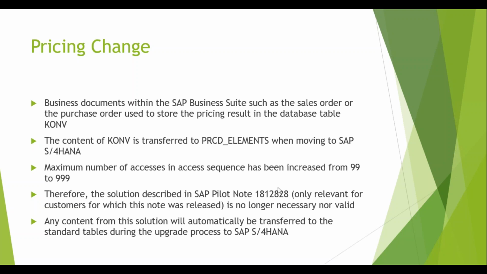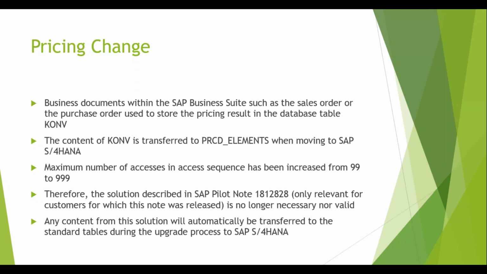After implementing this SAP note, even in ECC you can have more than 99 accesses, up to 999 accesses. But now in SAP S4HANA, there is no need to implement this SAP note, because in the standard functionality itself, SAP has provided up to 999 accesses within the access sequence.